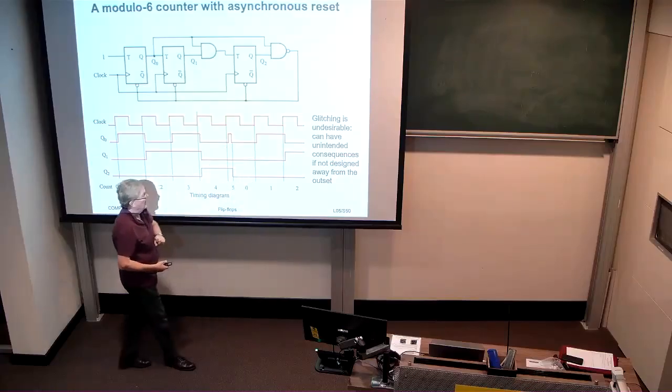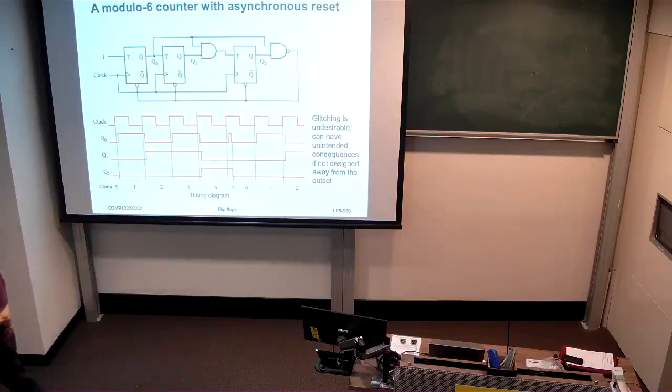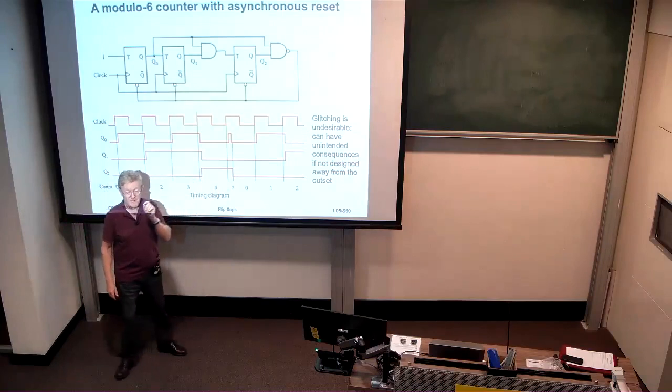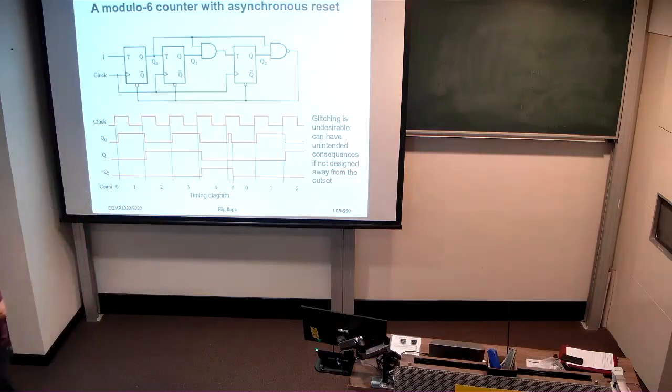So it doesn't stay at that value 5 for very long, and that could be completely misinterpreted by any downstream circuit that uses this counter and relies on it to be a modulo 6 counter. It's not going to see this 5 for a whole clock period. It's only going to see it for a very short, brief amount of time. So that's not very desirable.